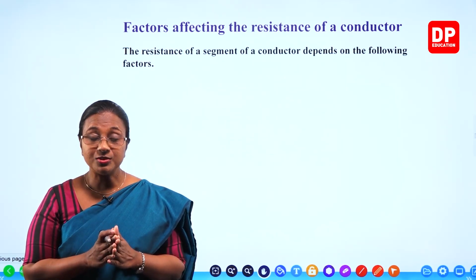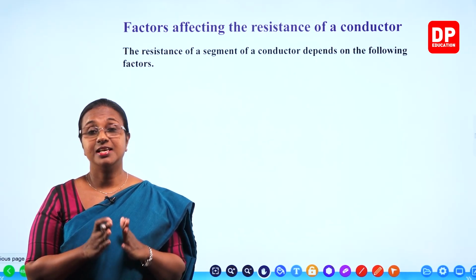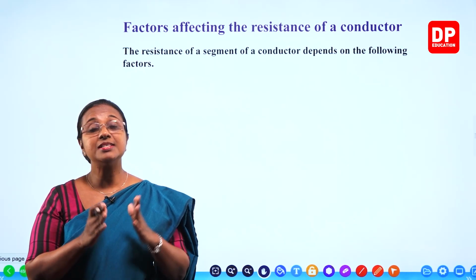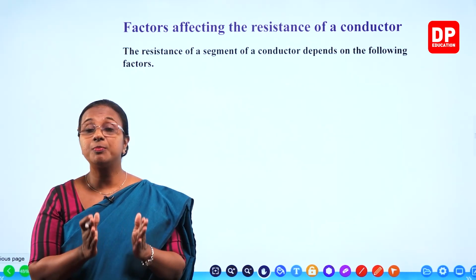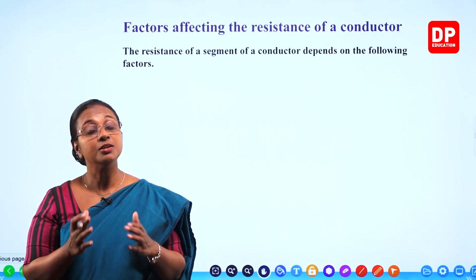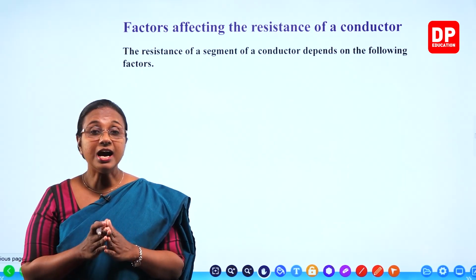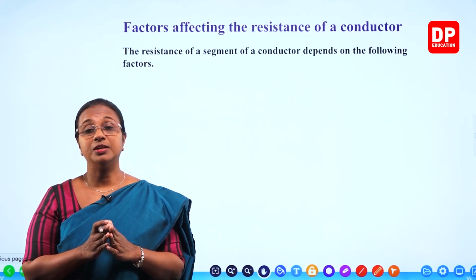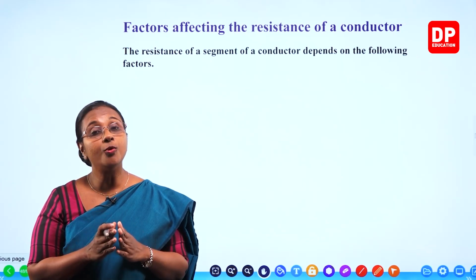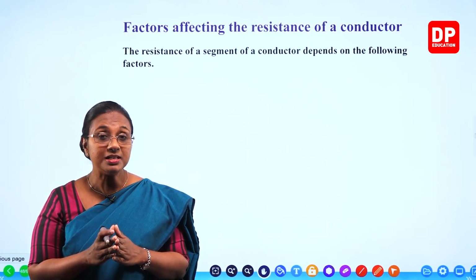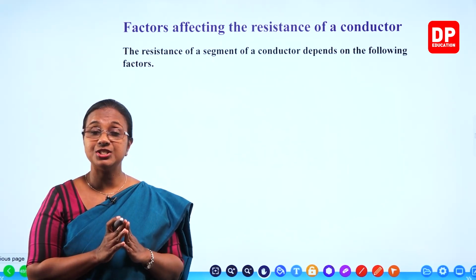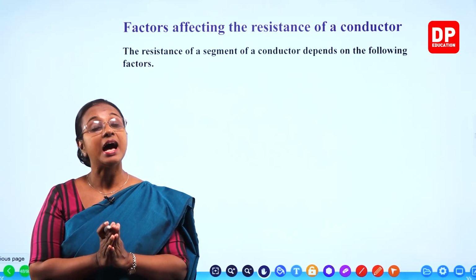You all remember, students, resistance is measured using the SI unit ohm, because Ohm's law was proposed by a German scientist, Georg Simon Ohm. The device used to measure resistance is also known as an ohmmeter. So the relationship is V equals IR.